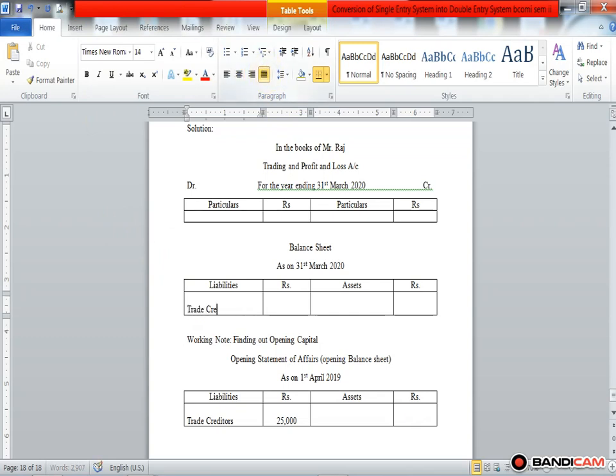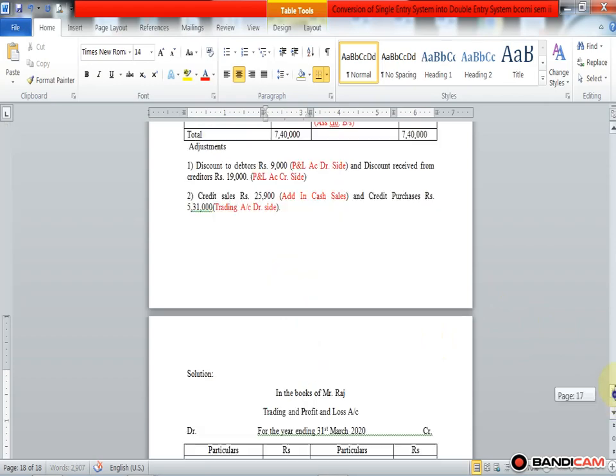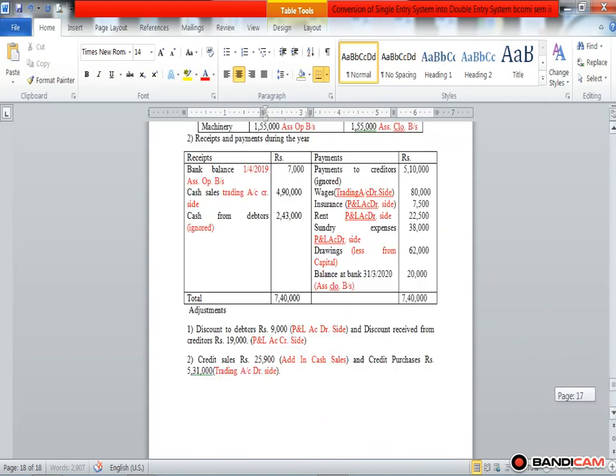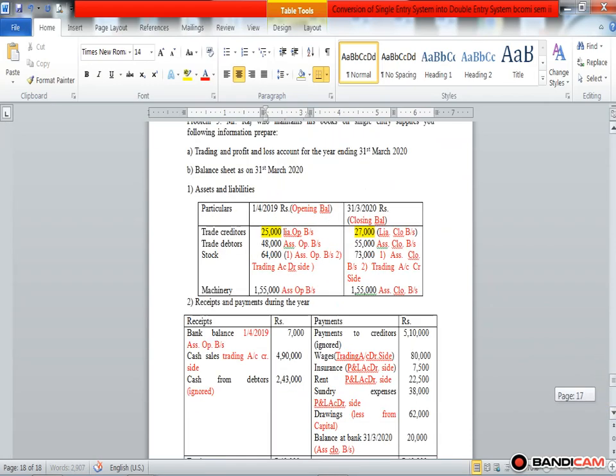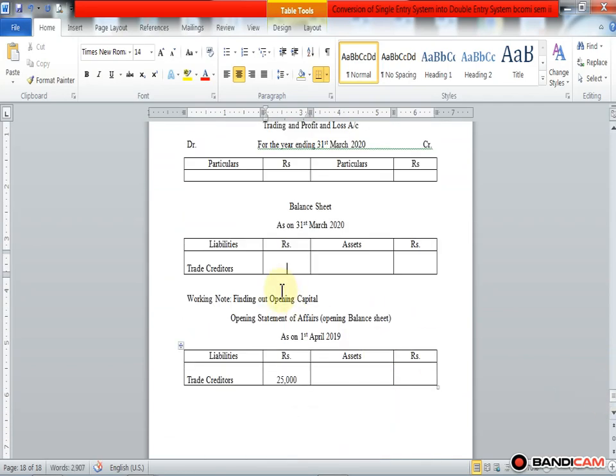Trade creditors amounted to rupees, how much? Not 75,000, 27,000, sorry, 27,000.